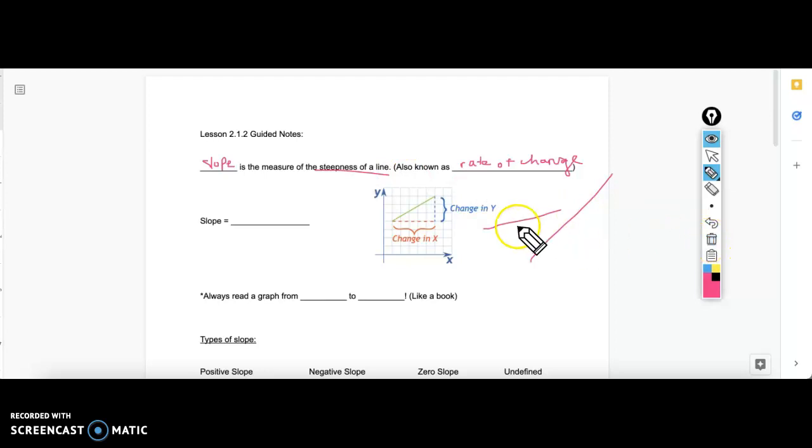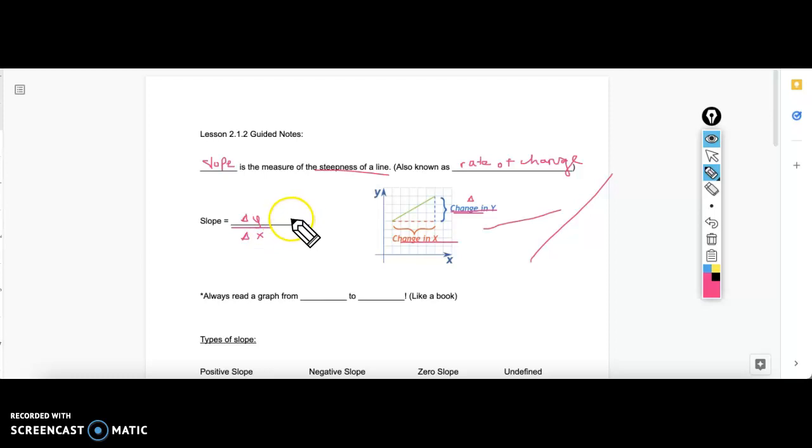The way that we're going to do that is by the change in y over the change in x. So I'm going to put a little delta symbol right here to stand for the change in. So this delta symbol is the same thing as the change in y over the change in x.